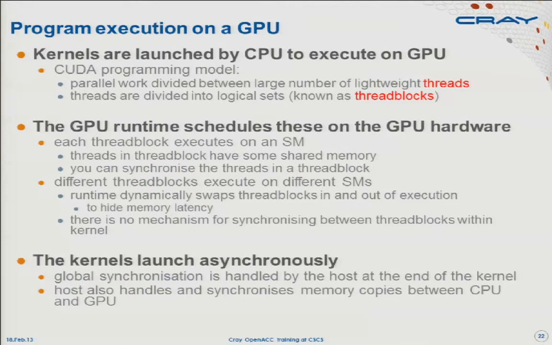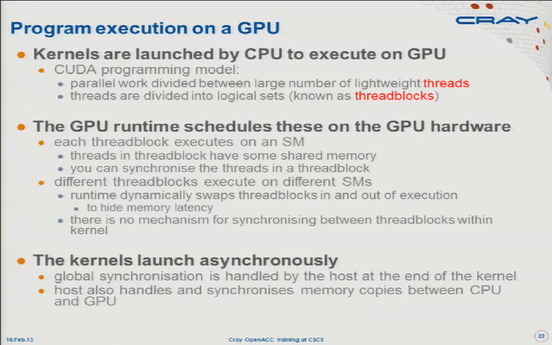So that's what the hardware looks like. How do programs actually execute? Well, when you write your kernel, the CPU launches the kernel to the GPU to execute. If you're using CUDA, the parallel work, I've got this whole array to process, so you split it up and you say that I will divide the work of processing every element in the array between a lot of lightweight threads.